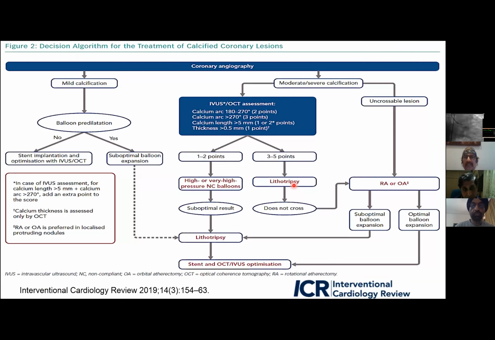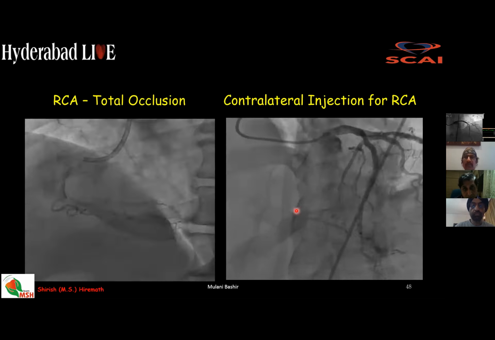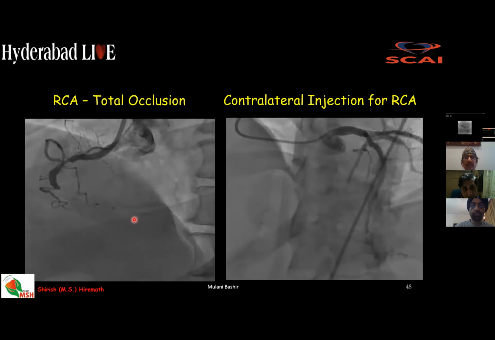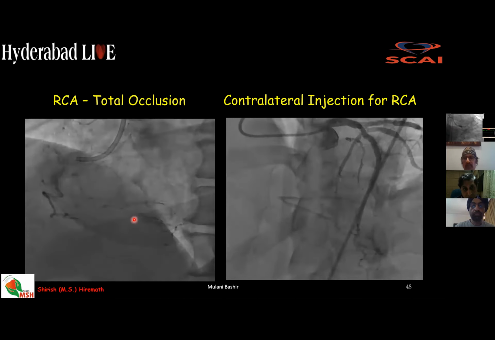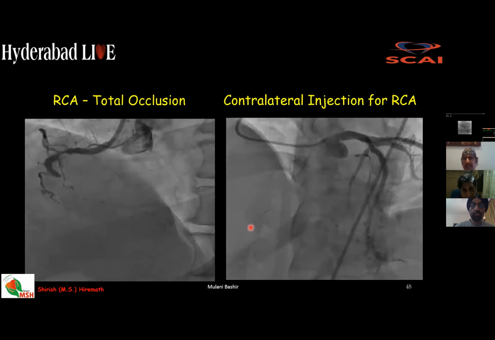And these are some of the algorithms that we use. If your conventional balloon is showing a good expansion, I think you can possibly go ahead without rotablator. Like this was a 10-year-old CTO and very well collateralized, but you can see calcium here.